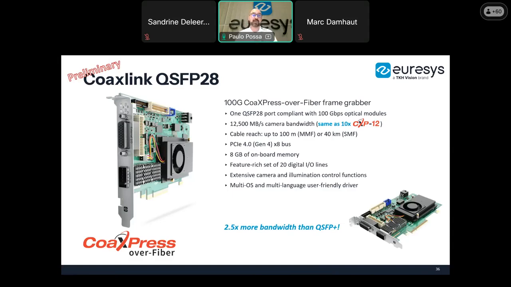It can support up to 12.5 gigabytes per second of camera bandwidth. This is 2.5 times more bandwidth than a Coaxlink QSFP Plus. It has a PCI Express Gen 4x8 and 8 gigabytes of onboard memory for frame buffering.